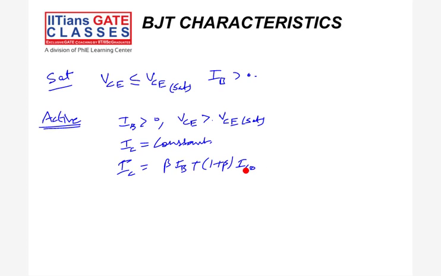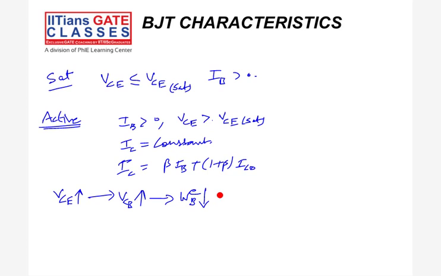That is all. So now what will happen in this case? If we increase VCE, our VCB also gets increased. If it is increasing, then the effective base width decreases.